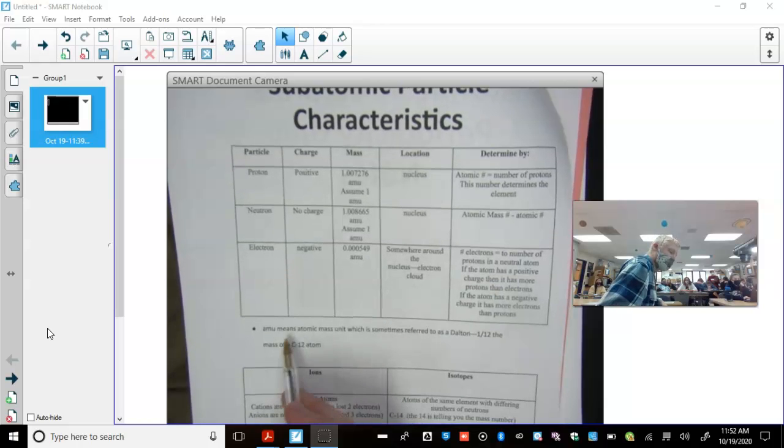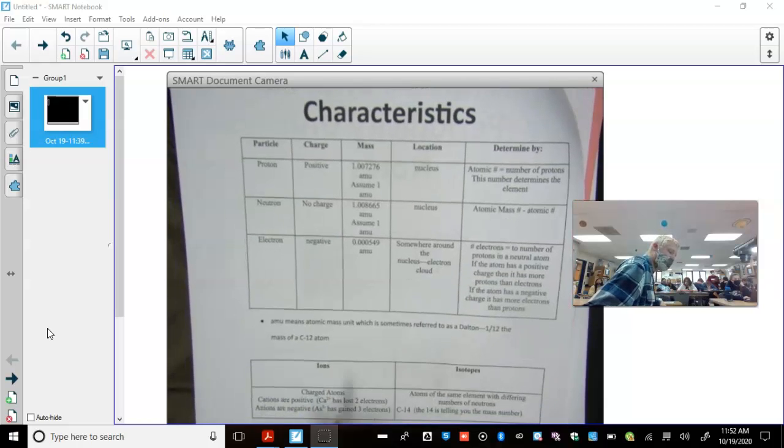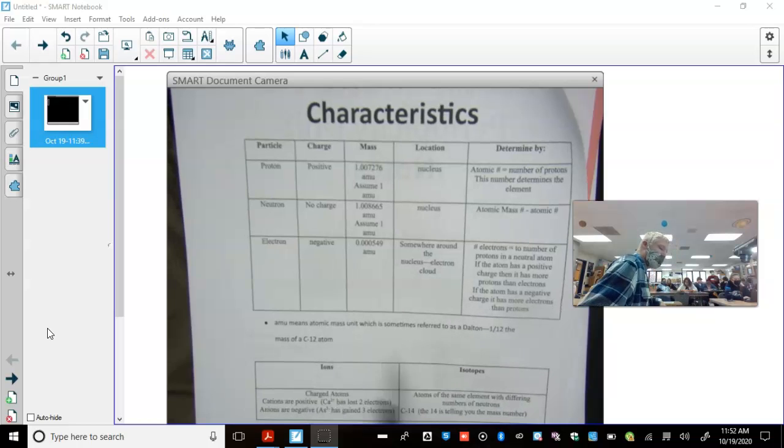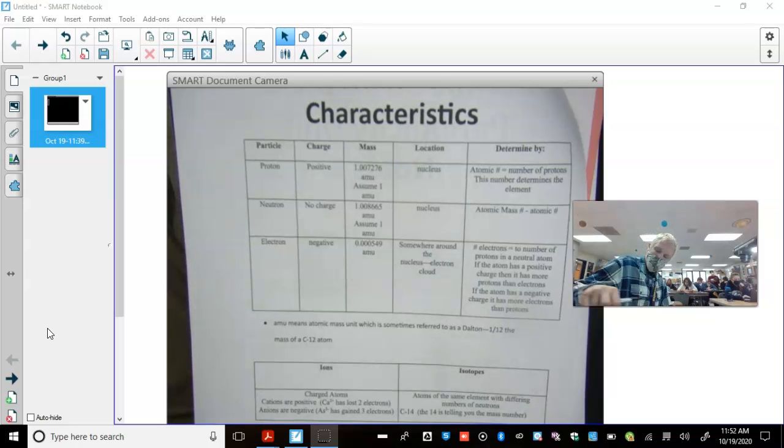Moving on. Yeah, AMU means atomic mass unit based off of the carbon-12 atom. We got ions and isotopes. What's the difference between an ion and an isotope? Any ideas? Without looking. Isotope is a different number of neutrons. You got it. So isotope has same number of protons but different number of neutrons.